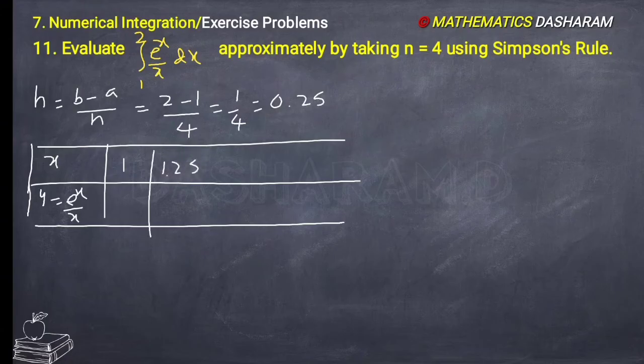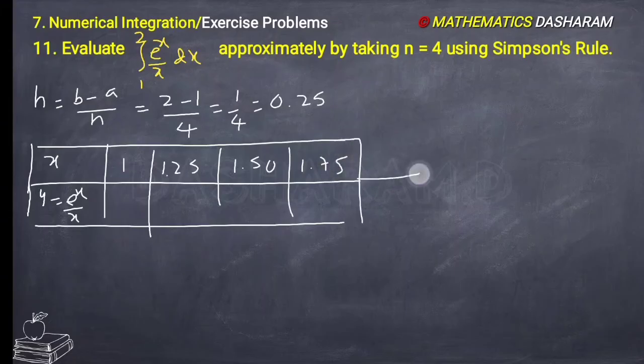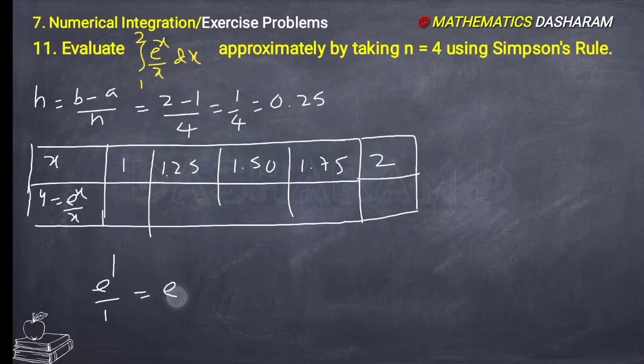So 1.25, 1.50, 1.75, 2. So when the x value is 1, then the y value is e power 1 by 1, it is equal to e. So the e value is 2.718.